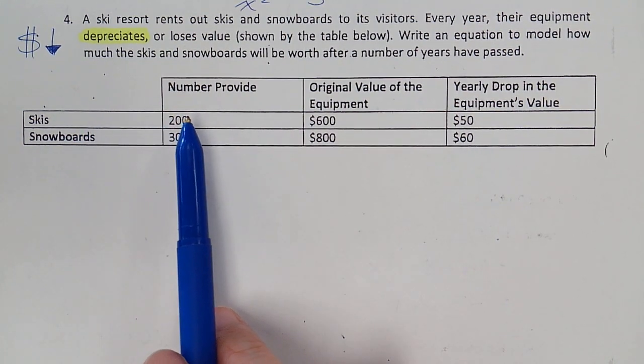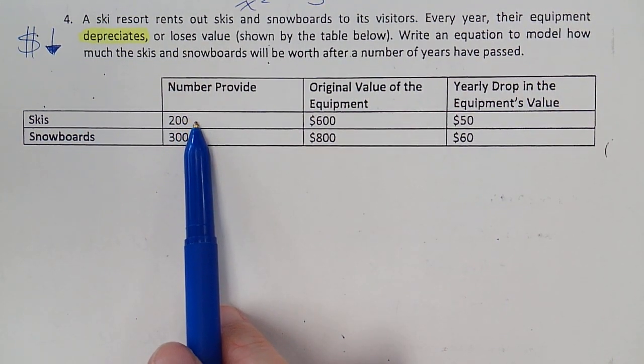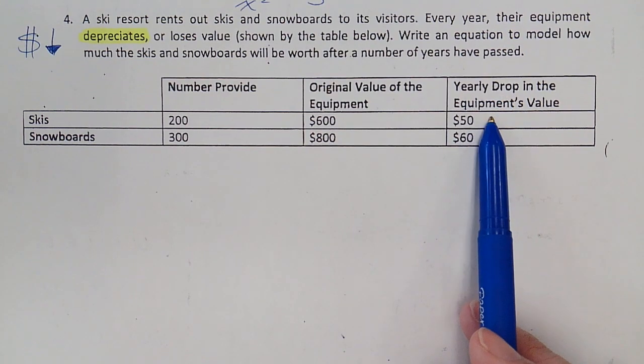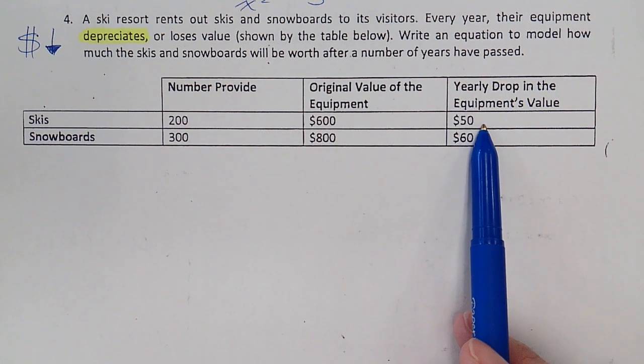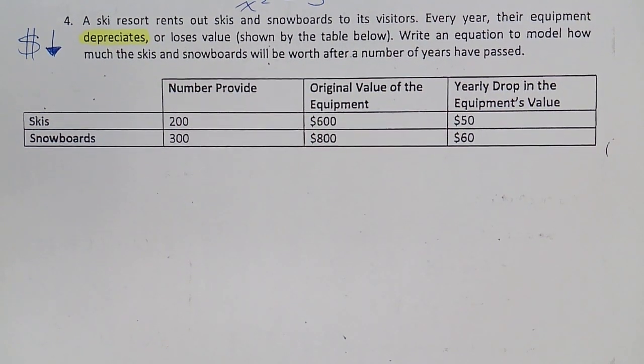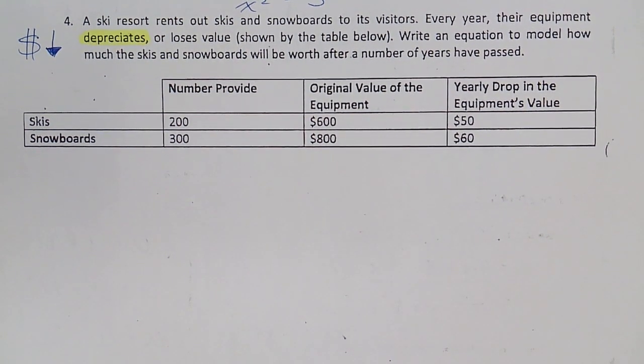So this ski resort, they have 200 skis, and each one is $600. Every year it drops $50 in value. So originally, when the resort first opened, how much did they spend on skis? How do you calculate how much they spend on skis?